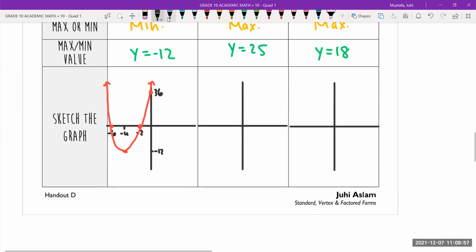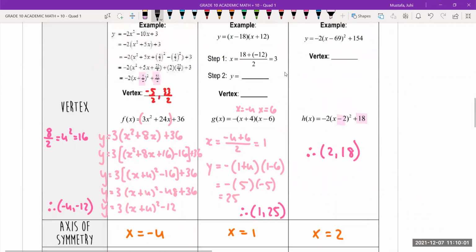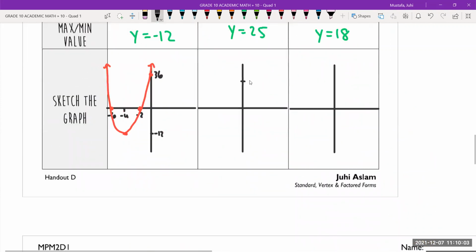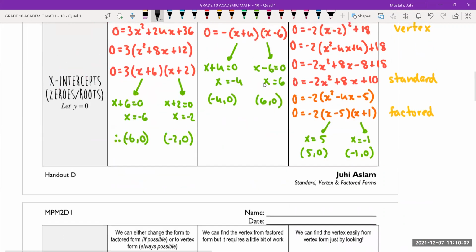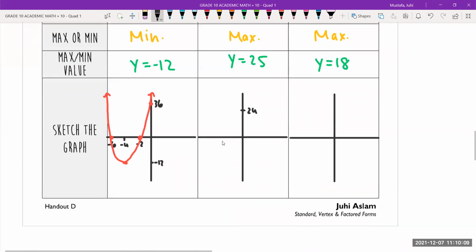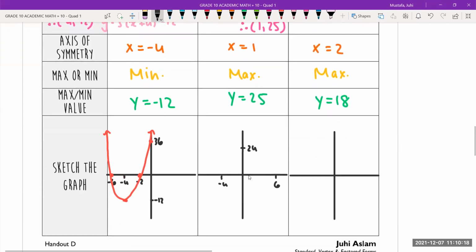Okay, let's do the same thing for the next graph. For the second graph, my y-intercept was at 0, 24. So I'm going to say 24 is approximately there. My x-intercepts are -4 and 6. So let's say -4 is here and 6 is over here. And my vertex is at 1, 25. So let's say 1 is here and 25 is here.